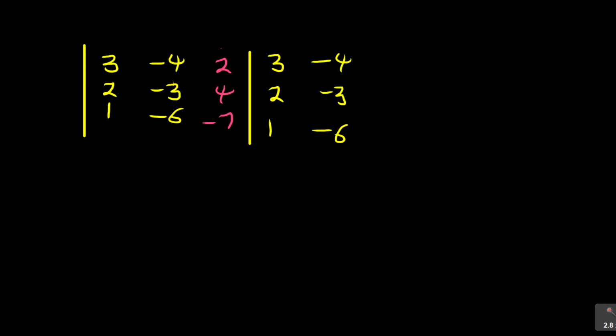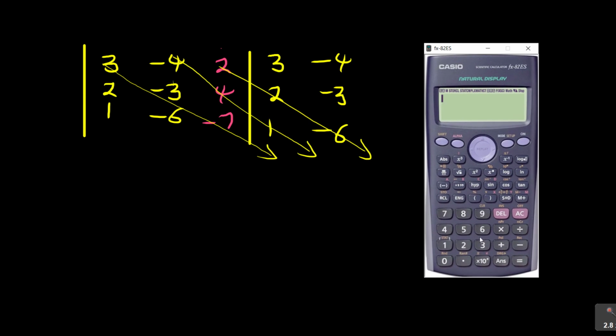So what you do is draw these faint lines. You're multiplying 3 times 3, 3 times negative 3 times negative 7, then you write the answer. Let me grab the calculator here. It will be 3 times negative 3 times negative 7, which gives me 63. And then 4 times negative 4 is negative 16, that's not a problem.